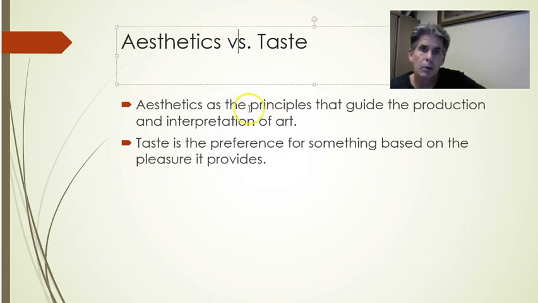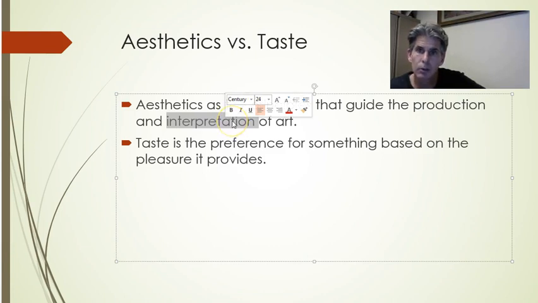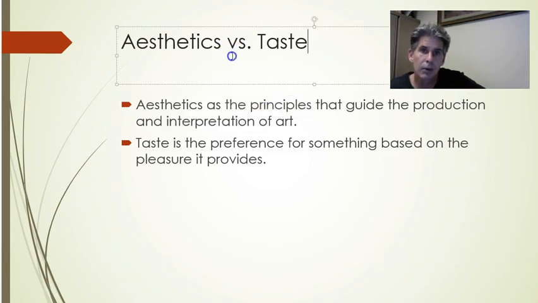So these are going to guide the production. These are what artists deal with, but also what people who are interpreting art use to guide how they are responding and to understand the nature of that response. Okay, and again, it's not a matter of I like or dislike it.